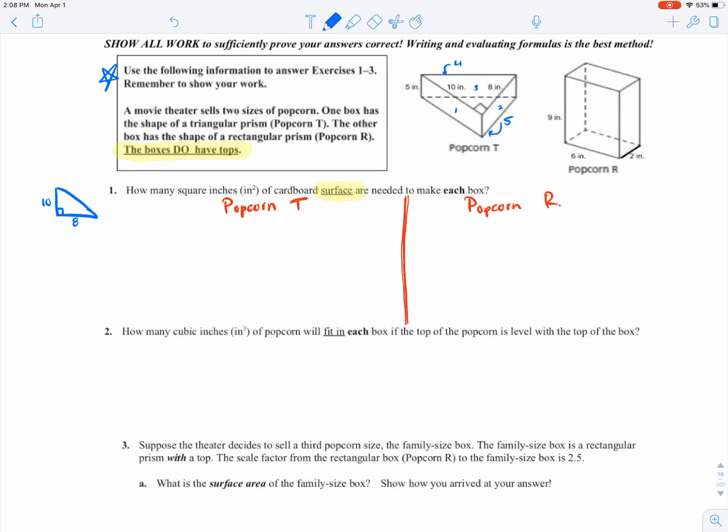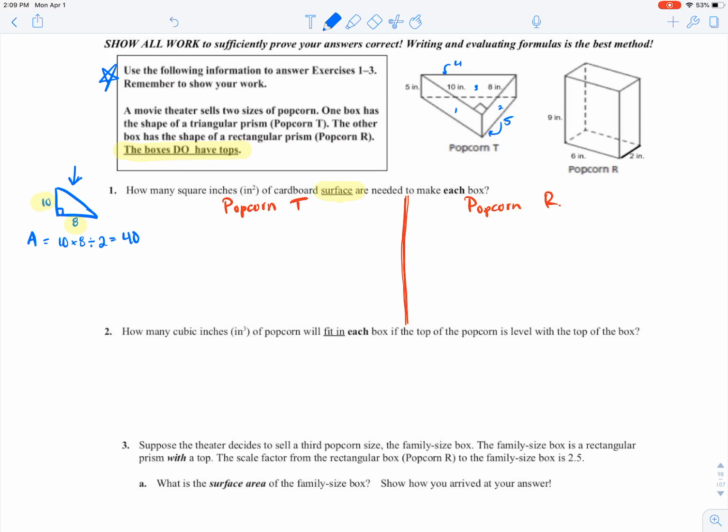Whenever you're given a right triangle, like this one, the 2 dimensions on either side of that little right angle mark, that little square in the corner, are the dimensions you need to find the area. So the area of this triangle is 10 multiplied by 8, and then divided by 2 because it is a triangle. 10 times 8 is 80, and 80 divided by 2 is 40.